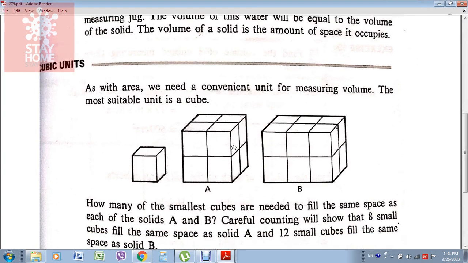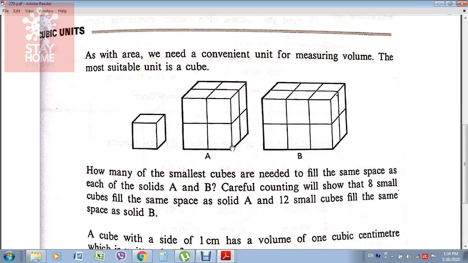Now come to the point. How many of the smallest cubes are needed to fill the same space as each of solid A and B? Careful counting will show that 8 small cubes fill the same space as solid A. How can you see this?